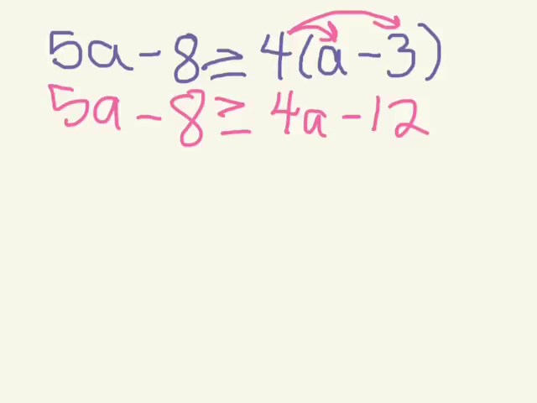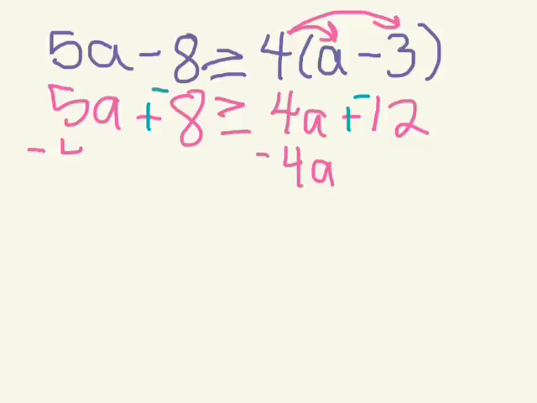So I think I will subtract 4a from both sides. I often make mistakes if I leave subtraction in my problems, so I like to turn all my subtraction into add the opposite, just so I can avoid any errors here. So now I can see that I'm going to subtract 4a from both sides.